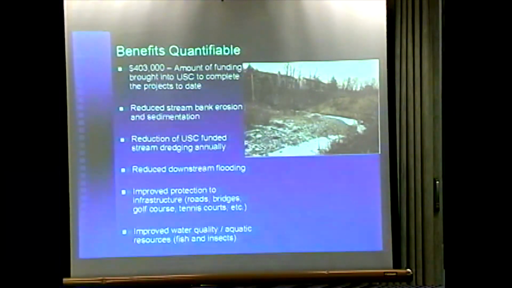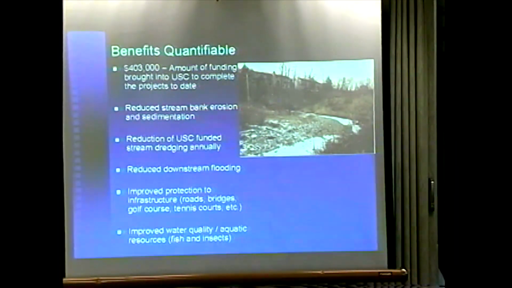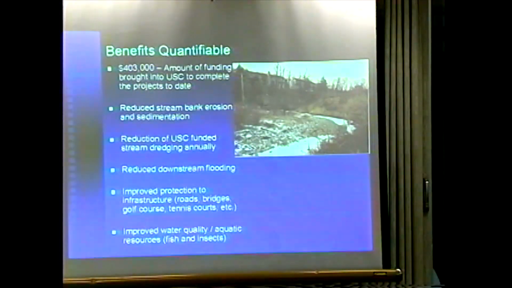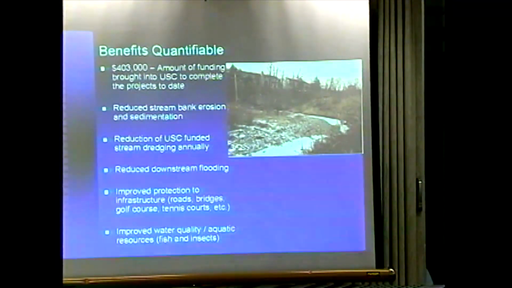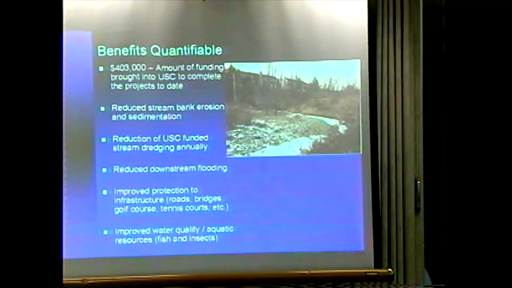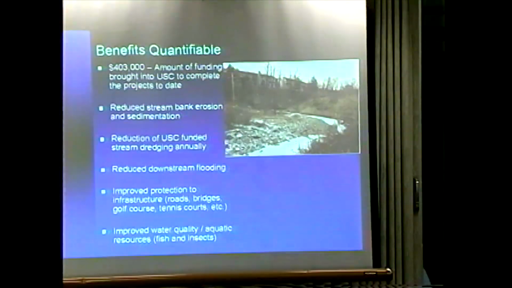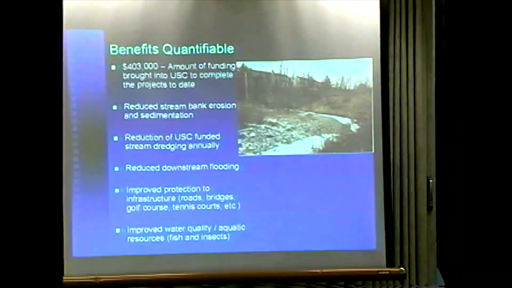That may not seem much to folks, but in the three-hole golf course area the township used to have to dredge the stream annually due to it being choked up with sediment, which caused problems for the golf course area, the tennis courts, and some of the bridges downstream. Since these projects have been built, the township hasn't had to go in at all to do any dredging. The projects have helped to maintain the natural stream bed load, the natural sediment load that comes through, and it's reduced the amount of sediment that is being put into the stream.